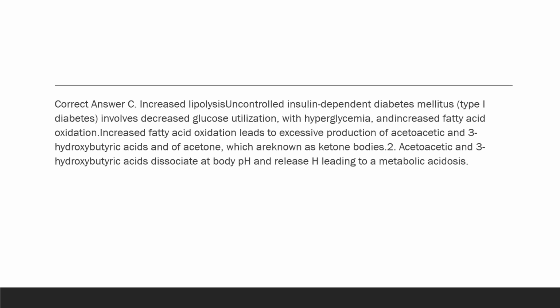Because in uncontrolled insulin dependent diabetes, that is type 1 diabetes, there is decreased glucose utilization with hyperglycemia, because our body does not use glucose, and this results in hyperglycemia, that is high blood glucose level in our body, and increased fatty acid oxidation.